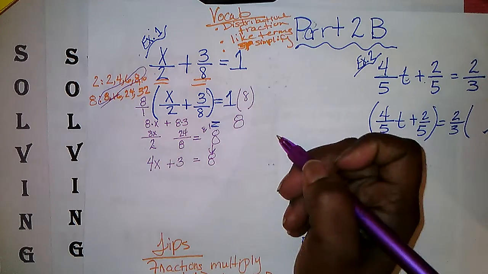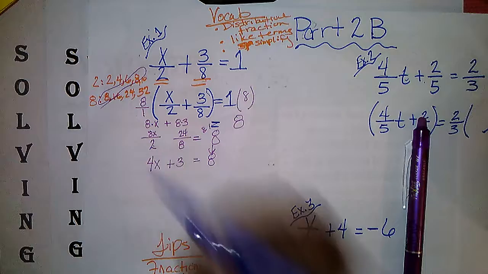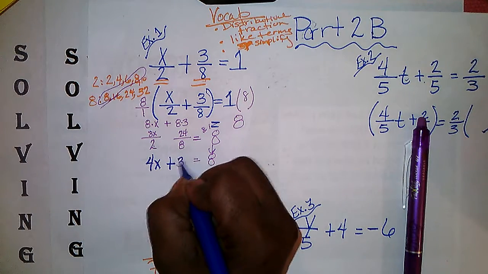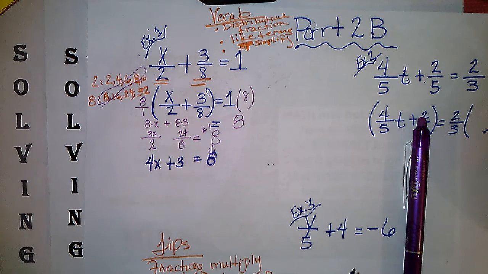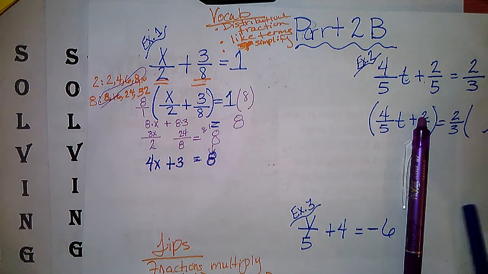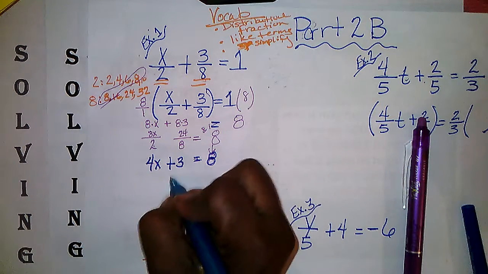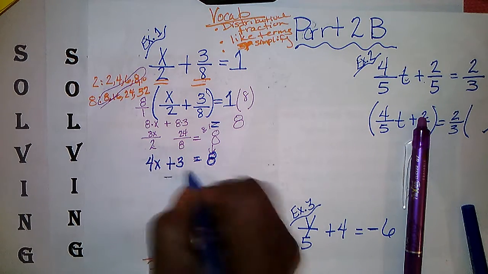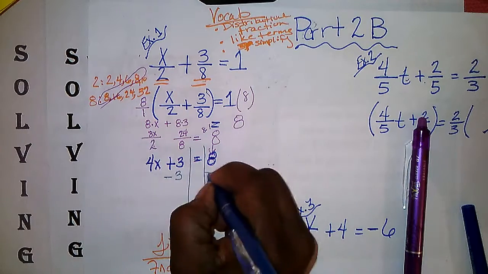All right, so now that looks a lot more palatable for us, right? So we're going to deal with 4x plus 3 equals 8. So now we can solve. Now we're at a two-step equation. In order to solve for x, we are going to subtract 3 from this side, and subtract 3 from this side.